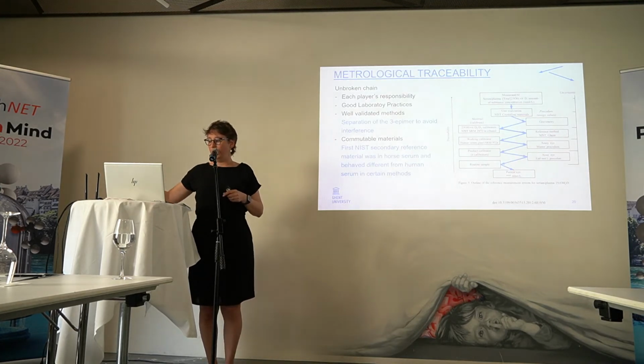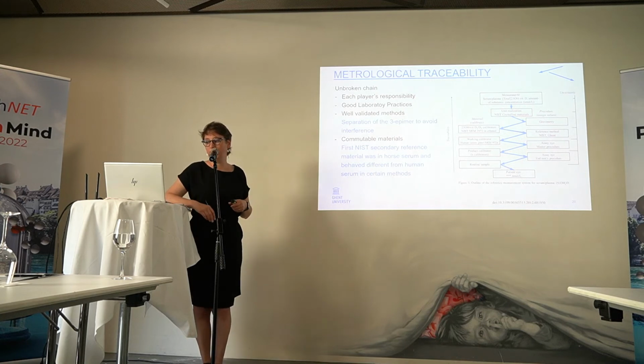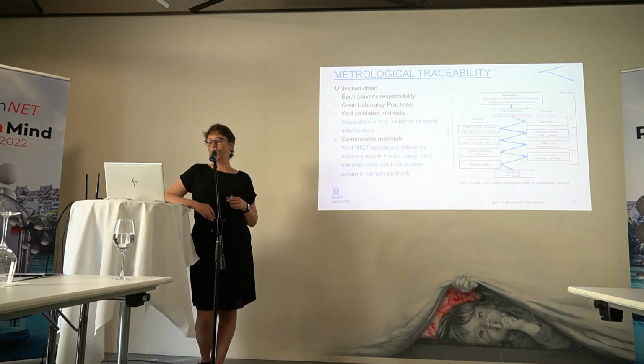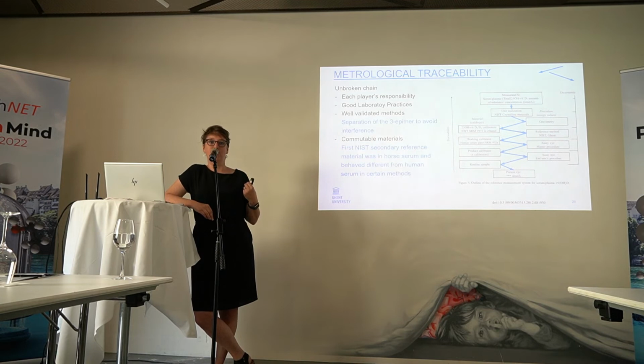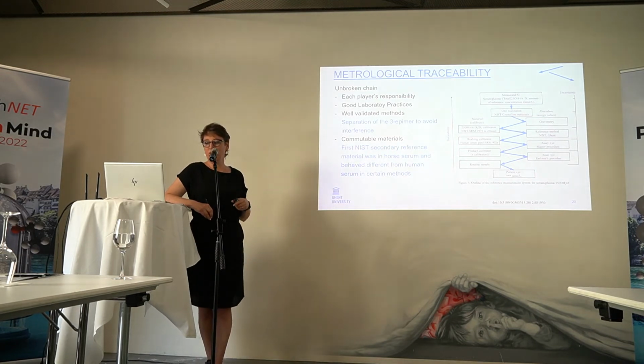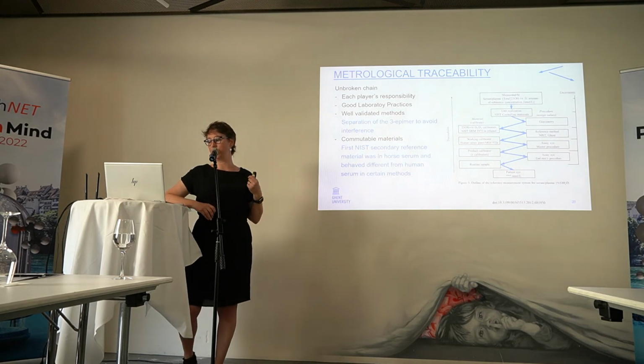And then something else which I think is very important, a key in this metrological traceability chain, is the fact that it is an unbroken chain. That there's no gap at any place, and that you can perfectly trace back from a material at one level to a procedure at the higher level, to the material above that. It's each player's responsibility.